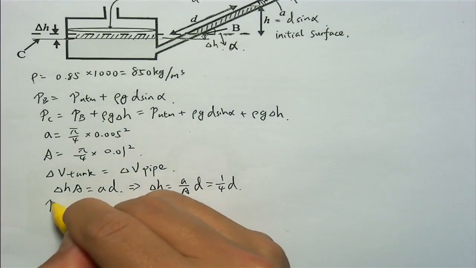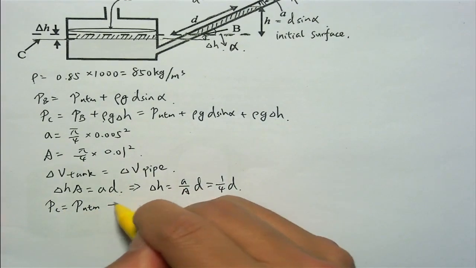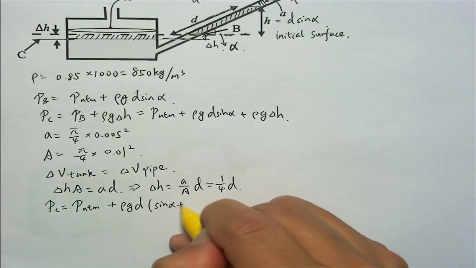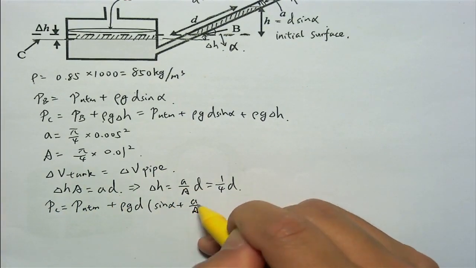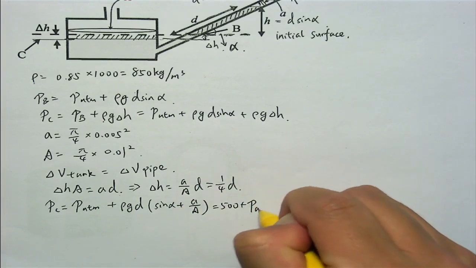We can get PC is equal to P atmosphere pressure plus rho G D sine alpha plus A over A capital, which is 500 plus P atmosphere.